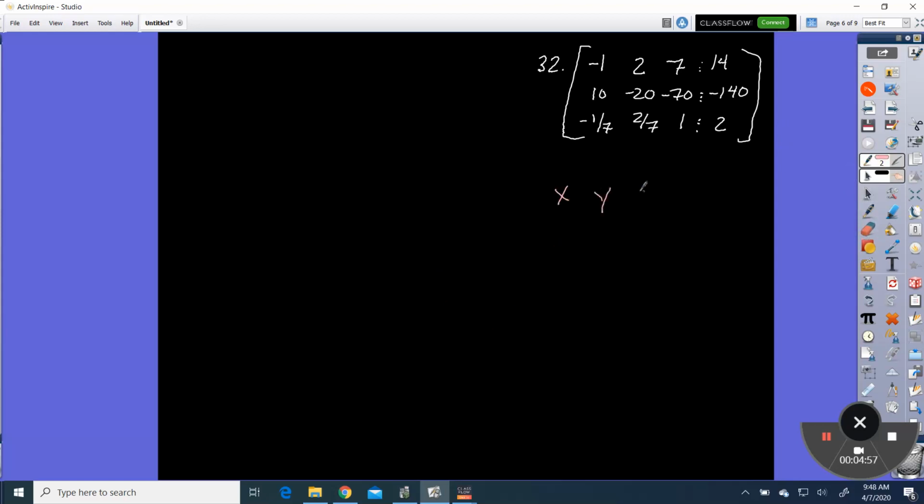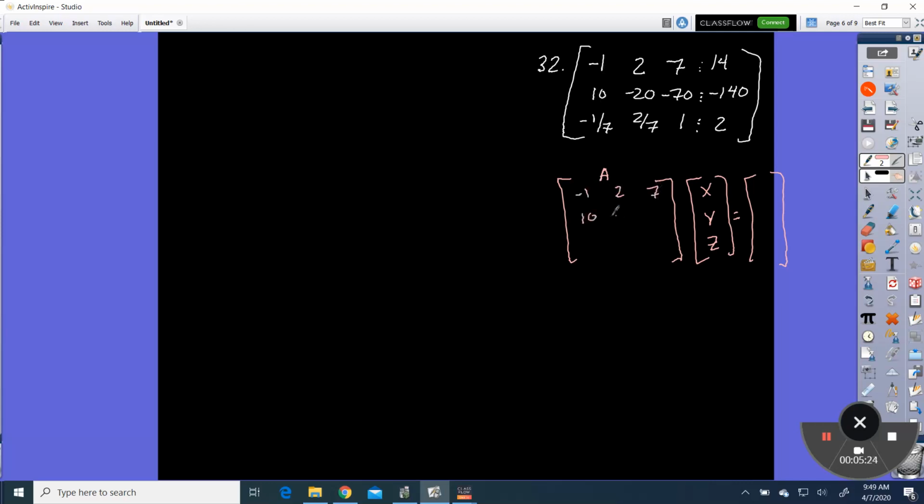a variable matrix, not like that. So this is our coefficient matrix, which is like -1, 2, 7, 10, -20, -70, -1/7, 2/7, 1.